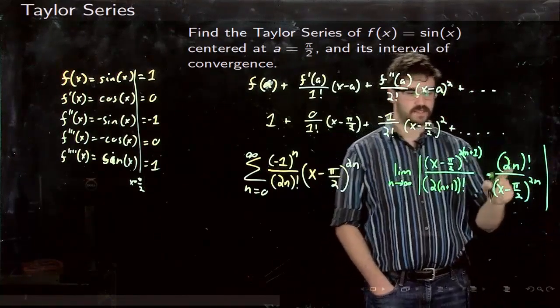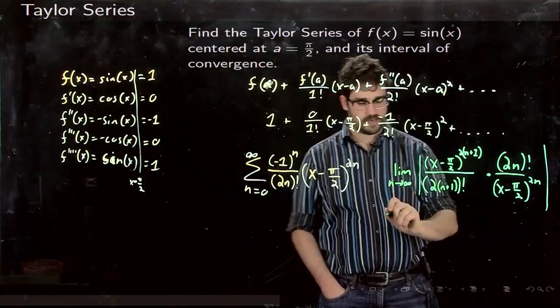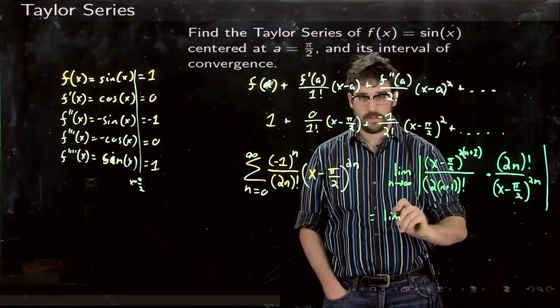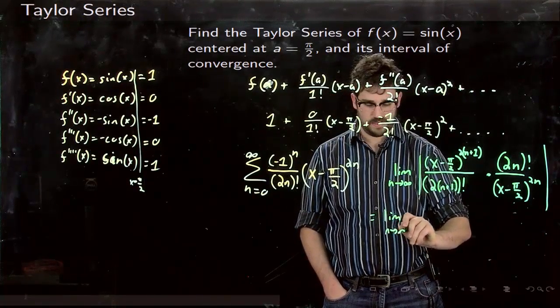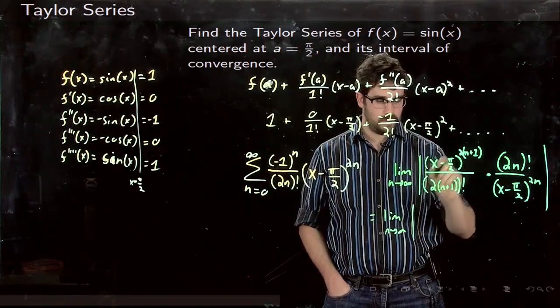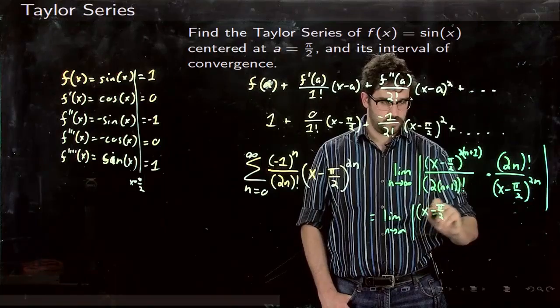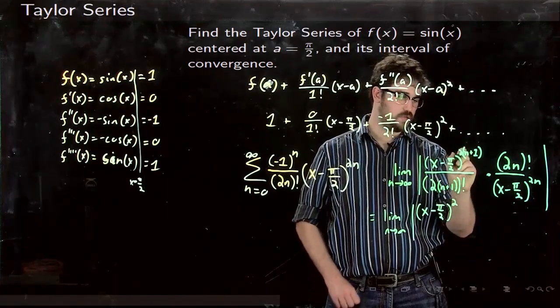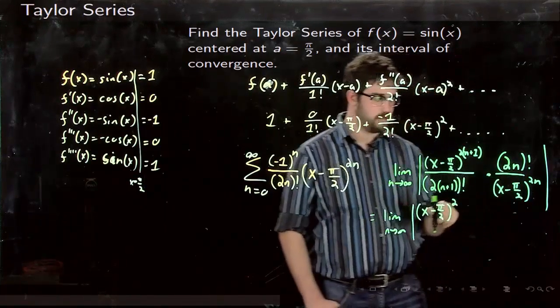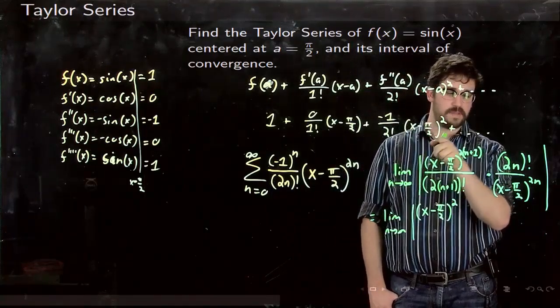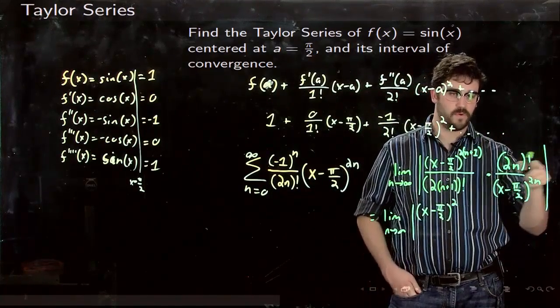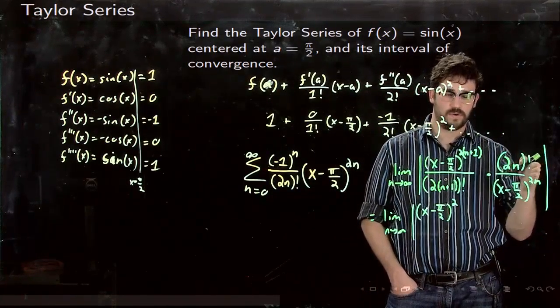Well, we have some cancellation here, and this is equal to the limit as n goes to infinity of, well, here we have an x minus pi over 2 squared that remains because the 2n's cancel. Now here we have 1 times 2 times 3 times 4 all the way to 2n factorial.